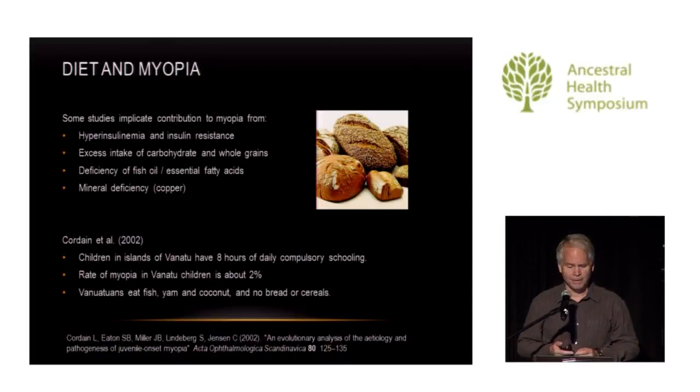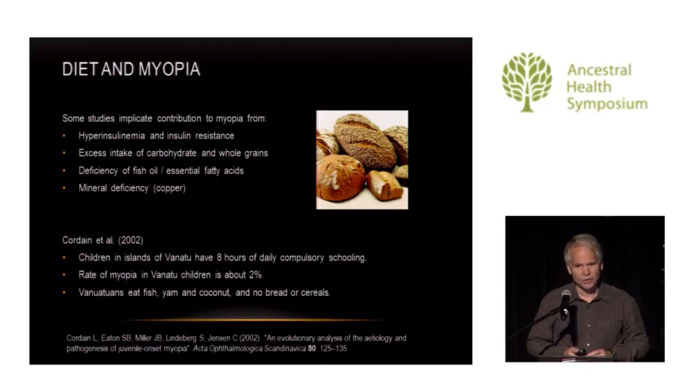So there's another environmental factor, which is diet, all right? And there's some studies, particularly by Cordain, showing that, for example, eating a lot of carbohydrates, not surprisingly, might induce a higher incidence of myopia. And it's been tied to hyperinsulinemia, to excess carbohydrate intake, to a deficiency of fish oil and essential fatty acids, and to mineral deficiencies.